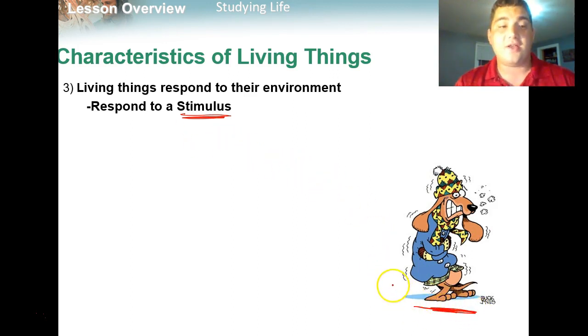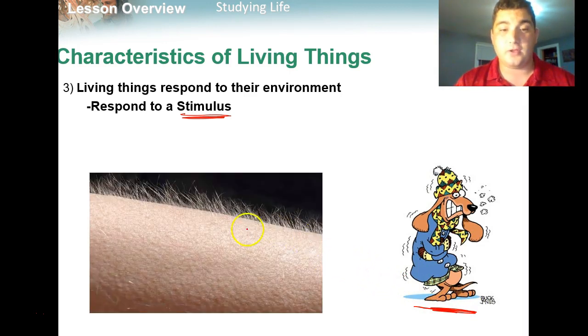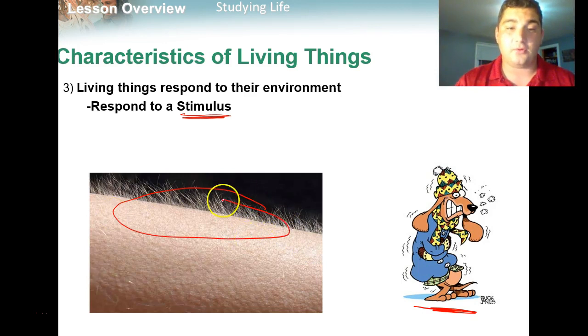We start to shiver. One thing your body always does when it gets really cold is form goosebumps. Your hair raises up on your skin to try and trap some warm air. Your body's responding to a cold environment. So all living things are going to respond to a stimulus in the environment in some way.